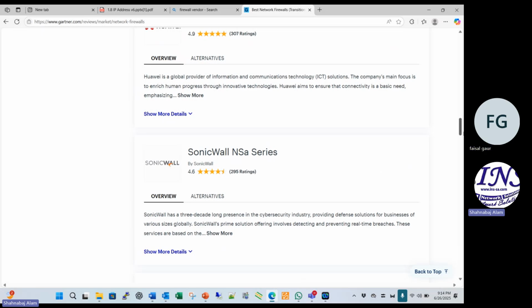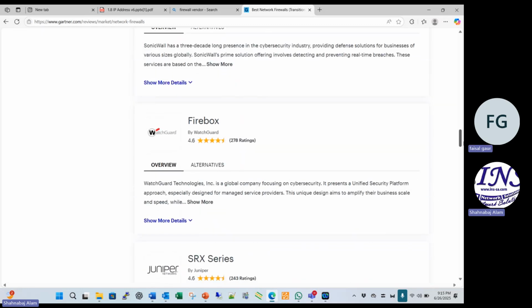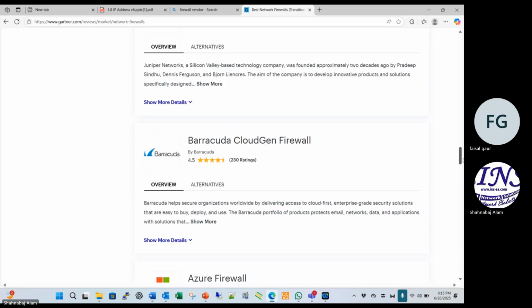Yeah, there are a lot of vendors making security products. Firefox also. WatchGuard is a global technology company focusing on cybersecurity, with a unified security platform approach, especially designed for managed service providers.